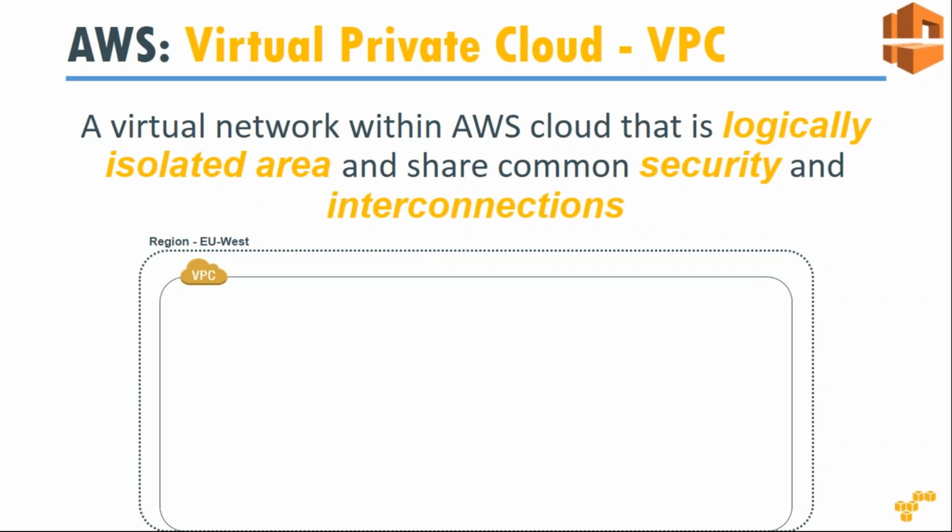What it means is you can have 2 or 3 EC2 instances working together in a particular logical group, and all the security, that is ports open, ports blocked, who can access, is shared by that group of instances. You can call them your web layer VPC or your data layer VPC, or even bigger, saying my finance department's VPC. So it is fully customizable and logically isolated from other customers and shares some common aspects like security and interconnections.